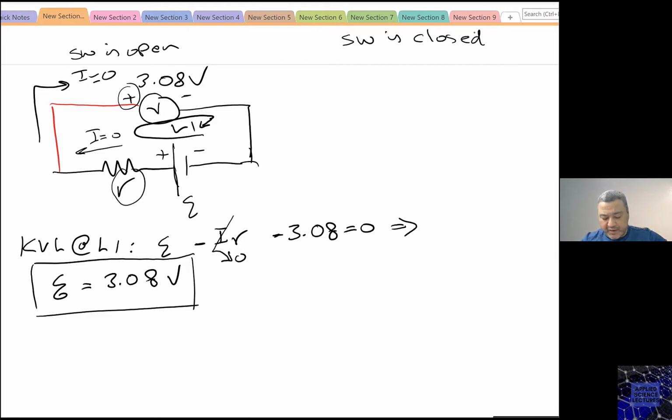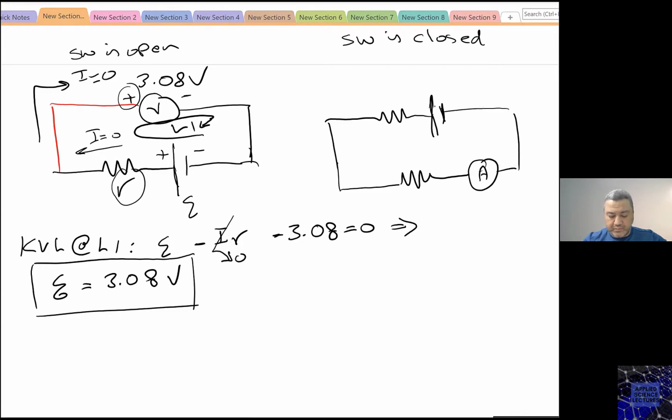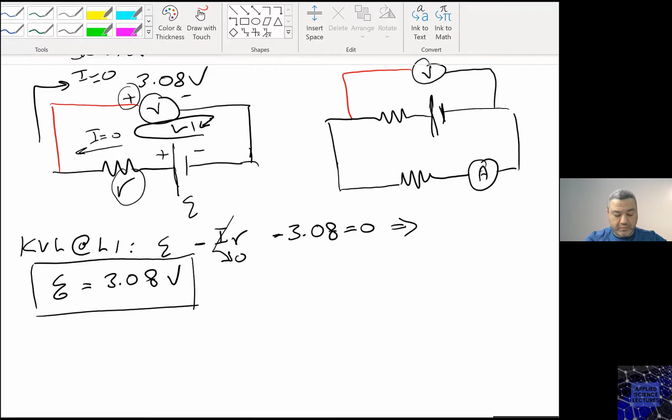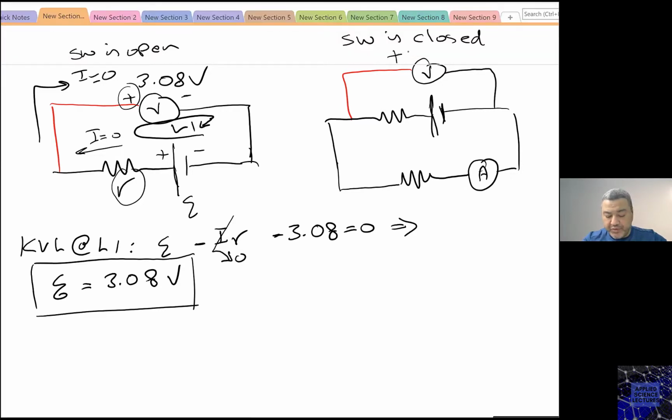As I said, I have a different circuit. So here the reading drops to 2.97 volt.